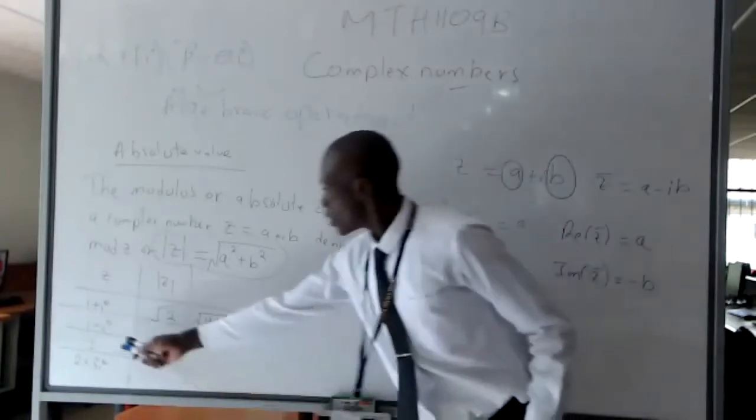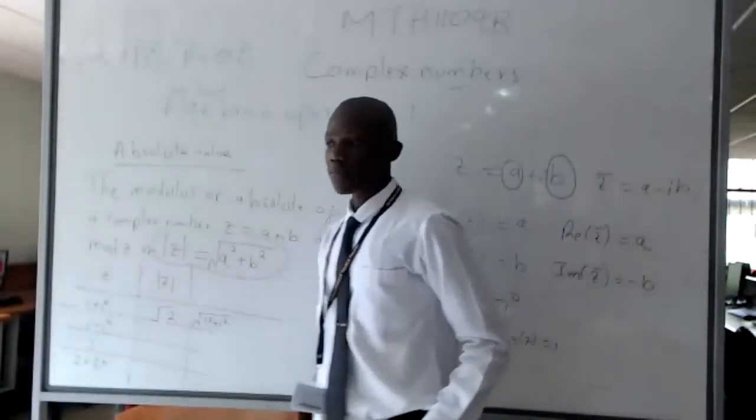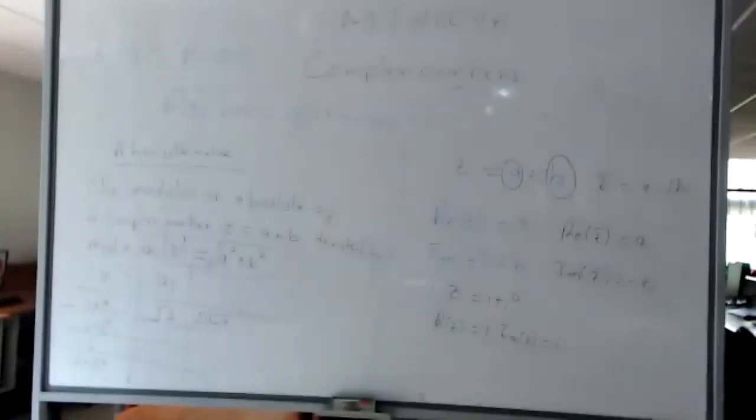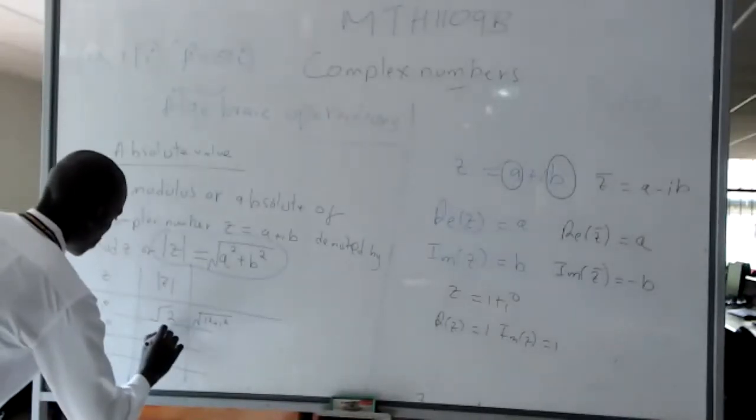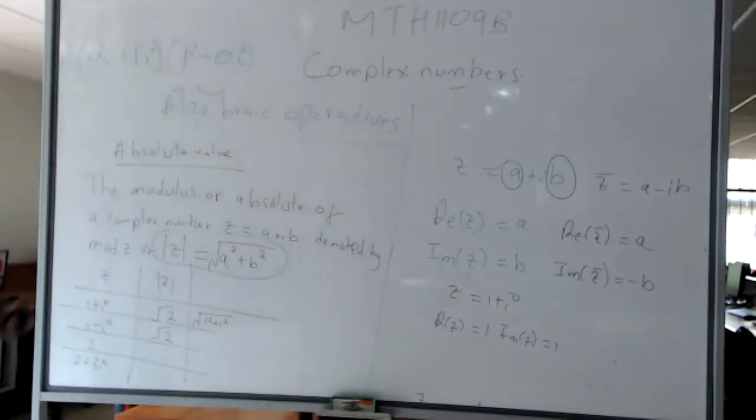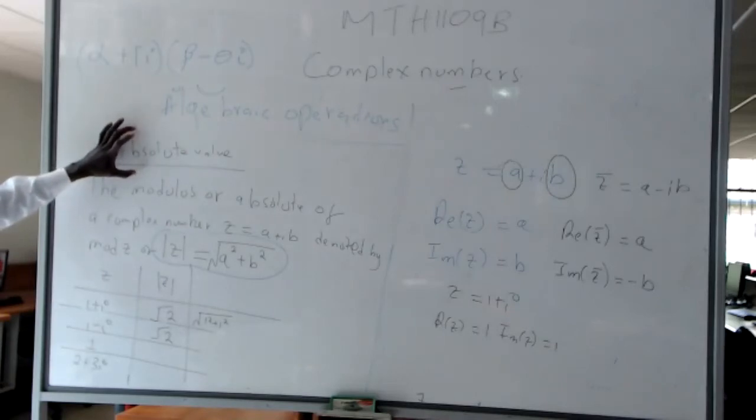So let's go ahead. What is the absolute value of 1 minus I? Square root of 2. Good. And you will see the meaning of absolute value when we do representation of this complex. It actually has a meaning on the value of the complex number.